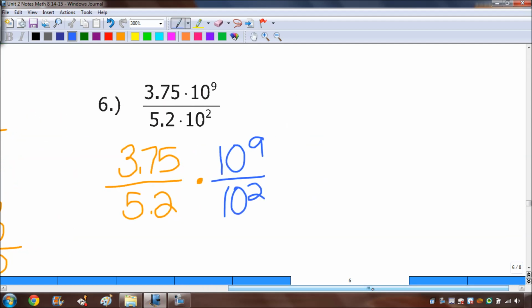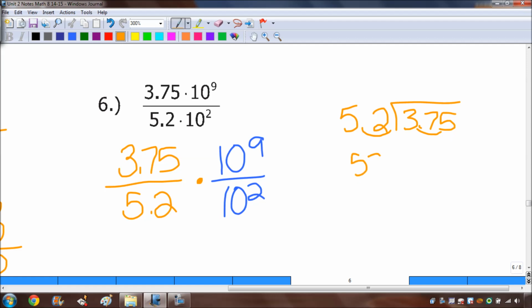So this part right here is really tricky. I need to actually do this division, and this division is going to be difficult, so listen really carefully as we go through this. So I've got 5.2 into 3.75, okay? Now remember, when you divide, you don't want a decimal for the number that you're dividing by, so I'm allowed to move everything over by 1, right?